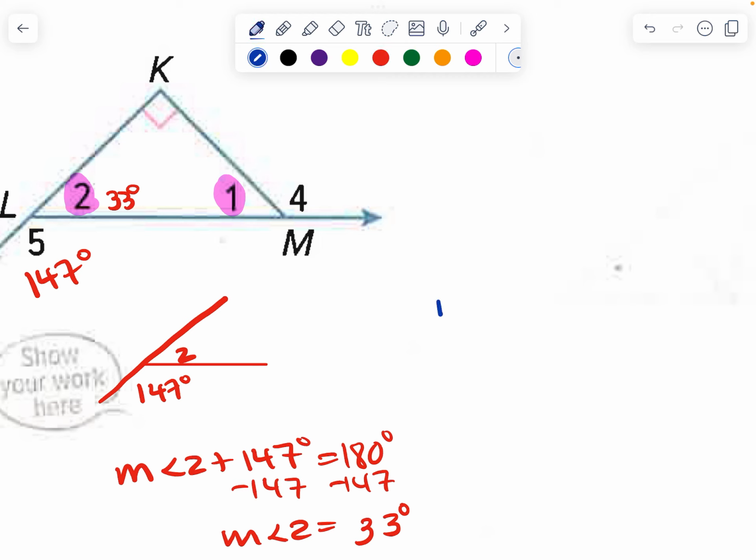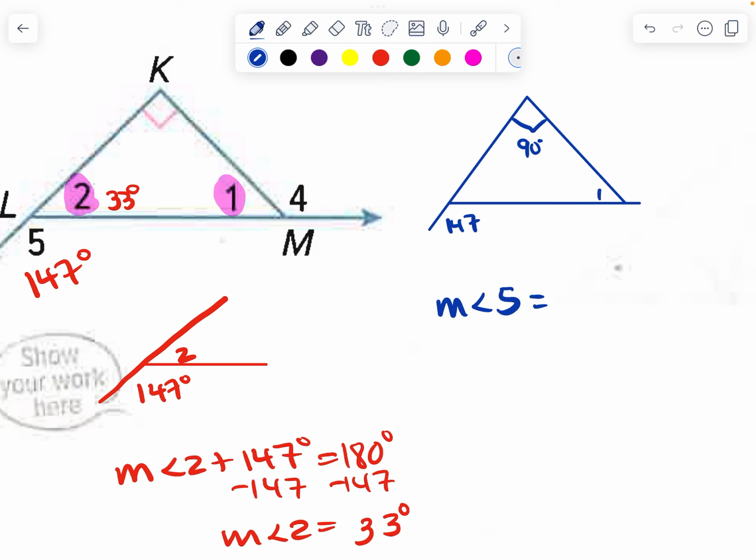Then the measure of angle 5. I'll even redraw it for you. So this is angle 5, which is 147. This is not a right angle, but oops. And this is angle 1.